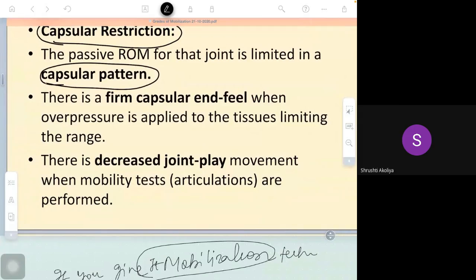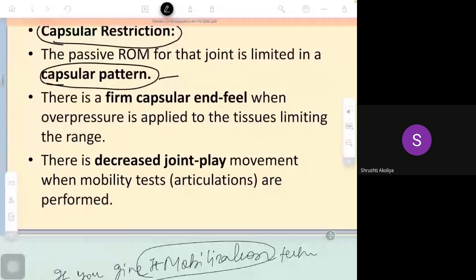Again, we will have a separate lecture on that. If the range of motion restriction follows the capsular pattern, then mobilization will increase the range of motion. Clear?